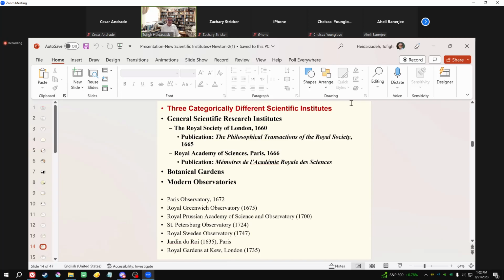Then many botanical gardens appeared, as you'll see in this list, like the Jardin du Roi, which was the garden of the king in Paris, and the Royal Gardens at Kew in London, which is still one of the greatest institutes of botanical studies in the world.